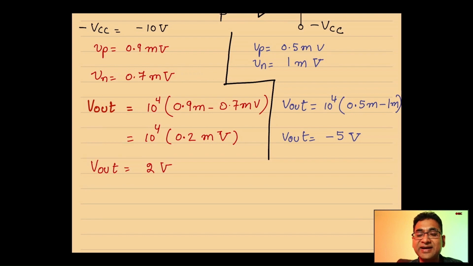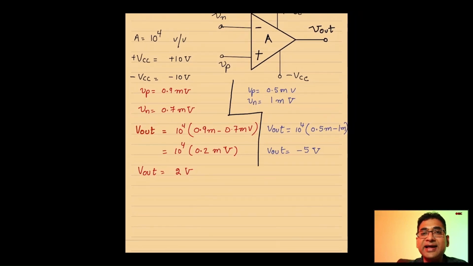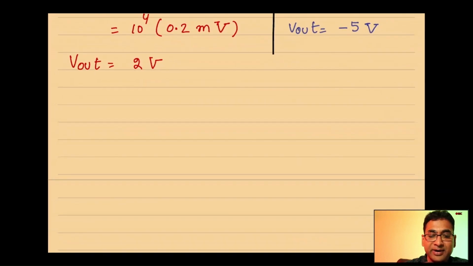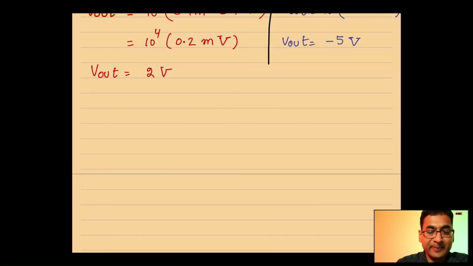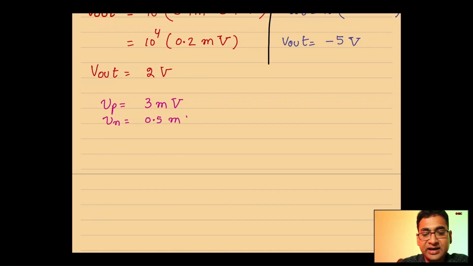Straightforward, right? So let's pick another number. This is going to be a bit of an interesting scenario, because I'm going to pick a value that might throw the op-amp out of its linear region. Let me show you what I mean. Let's pick a value for Vp equal to 3 millivolts, and a value for Vn to be 0.5 millivolts.